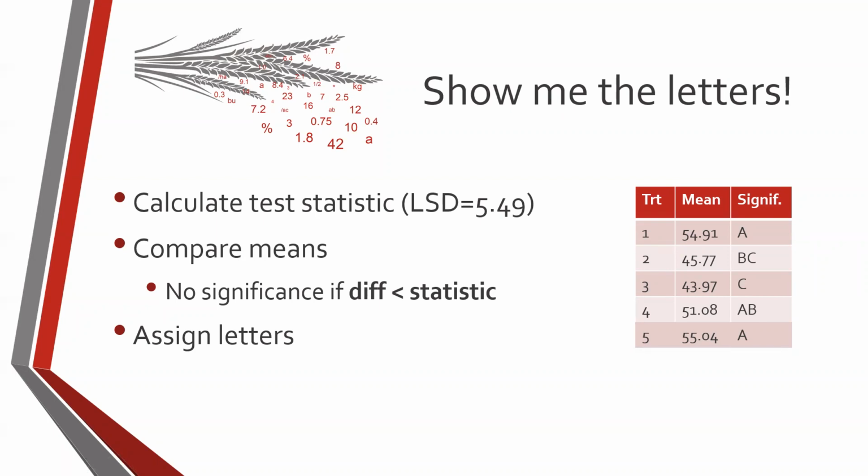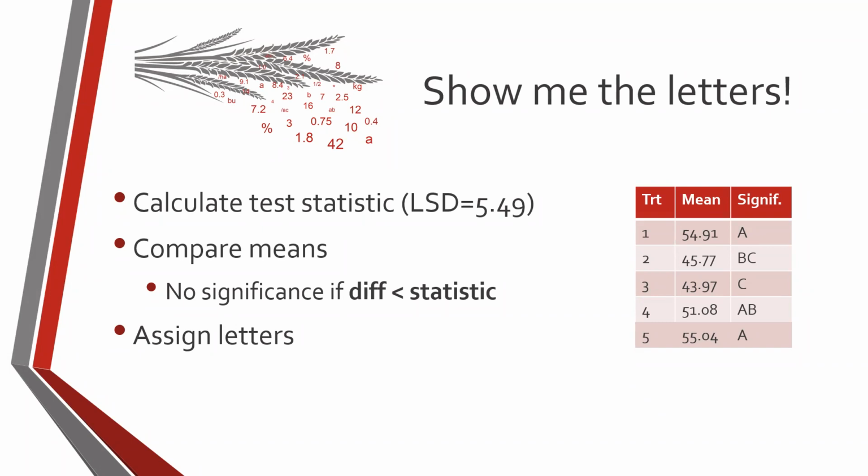A quick aside on the LSD test that we talked about. This particular test is intended only for specific comparisons chosen before the data is collected. That was really the design of that mean comparison. When you use this to make more than one comparison, like across a whole trial as we did in this example, the true significance level becomes much larger as the number of treatments increases, because you're making many more pairwise comparisons.